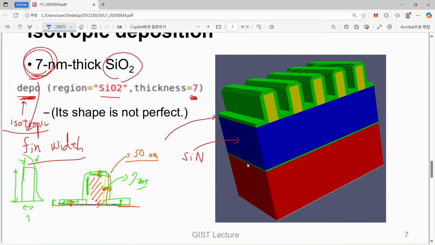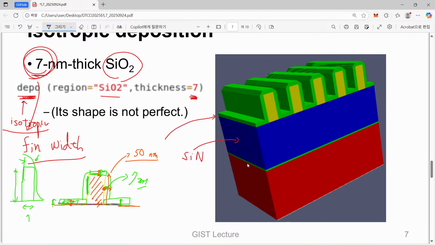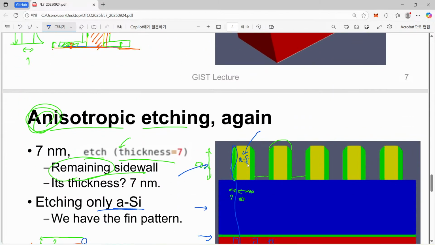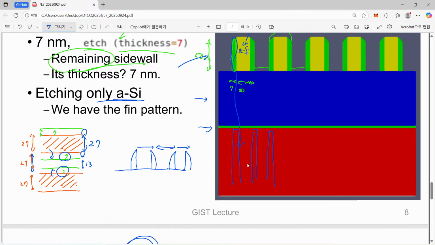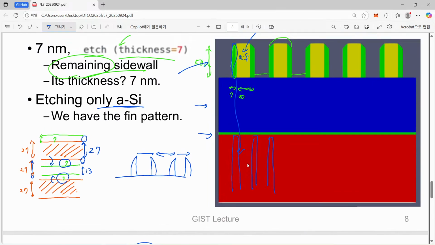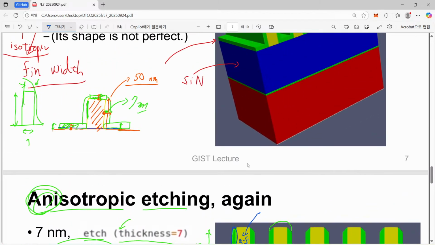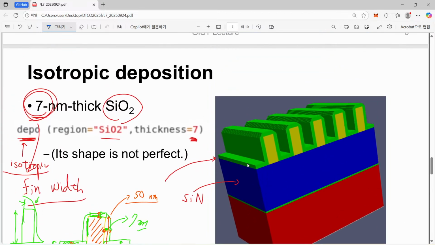Although I gave you the very beginning startup kit, I do not give you the final one which can generate this shape. Of course, I have already shown all code snippets in this slide. You can just type them into your file and run them step by step. That is my strong recommendation.